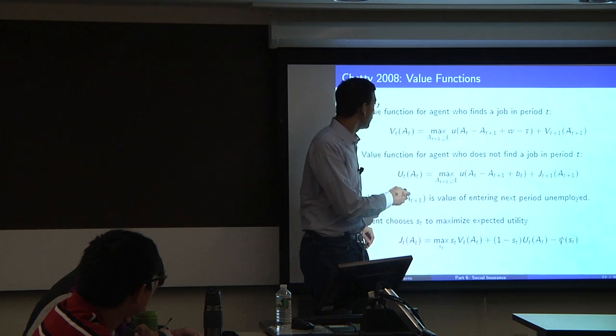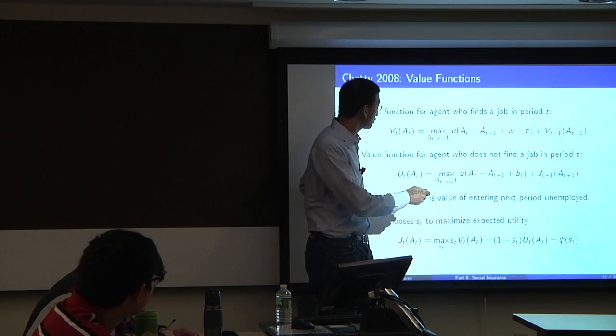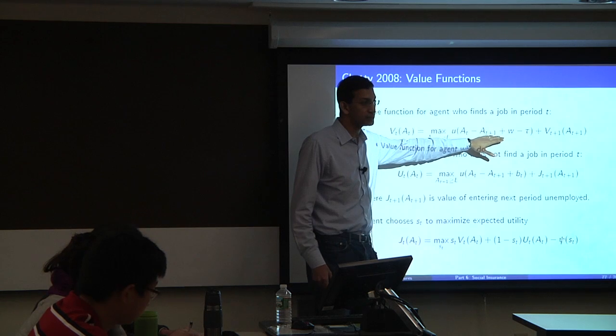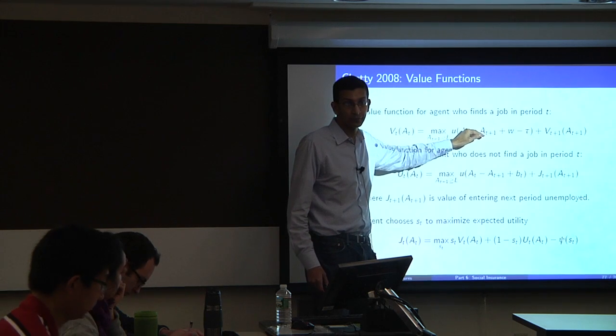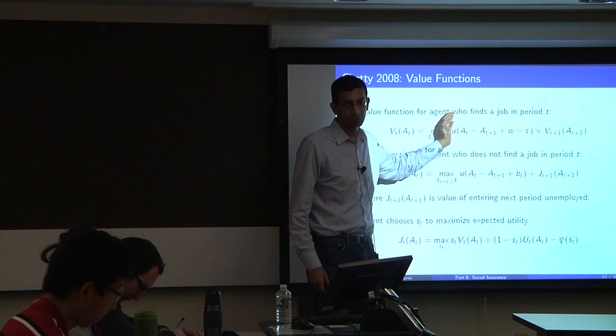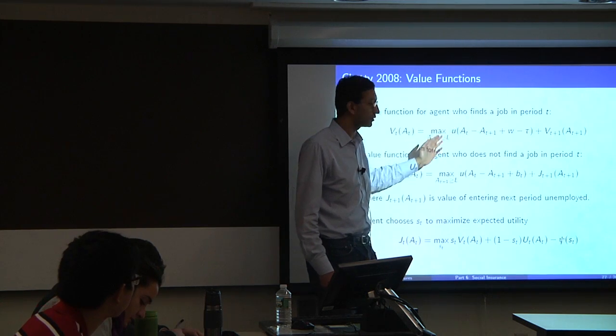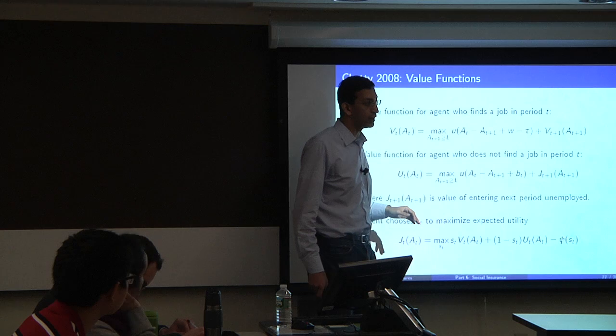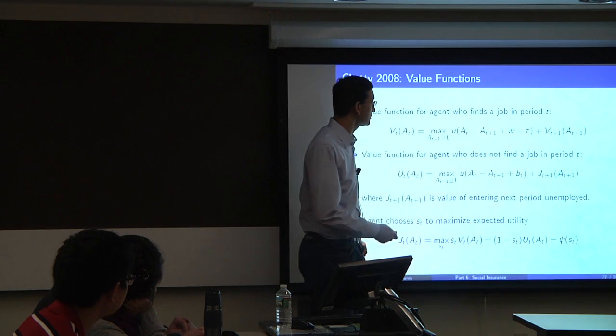So the way you can write this is, if you look at this term here, A_t minus A_{t+1} plus w minus tau is consumption in period t. If you just work out the budget constraint, okay?